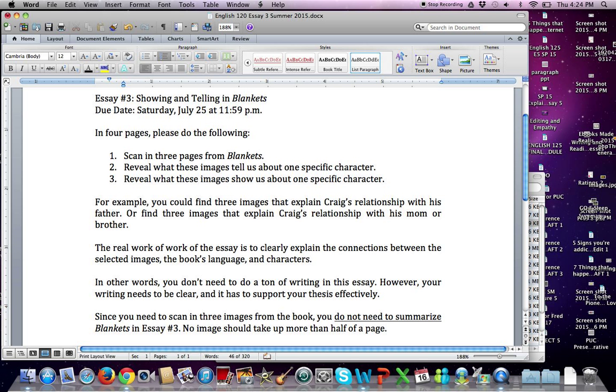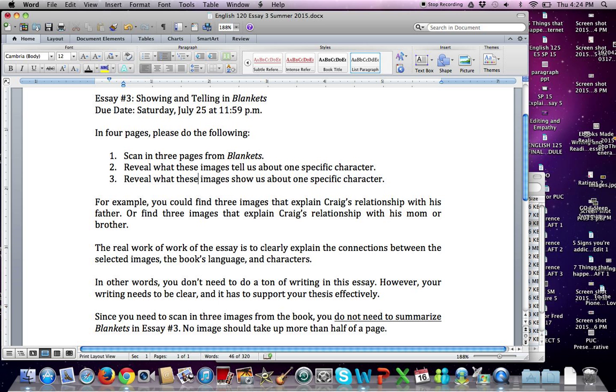For example, you could find 3 images that explain Craig's relationship with his father, or find 3 that explain Craig's relationship with his mom or his brother, or you could have 3 images that explain Craig's girlfriend's relationship to her little brother. Whatever you want to do, okay?